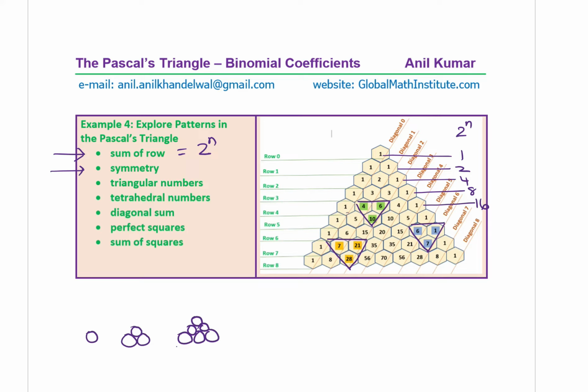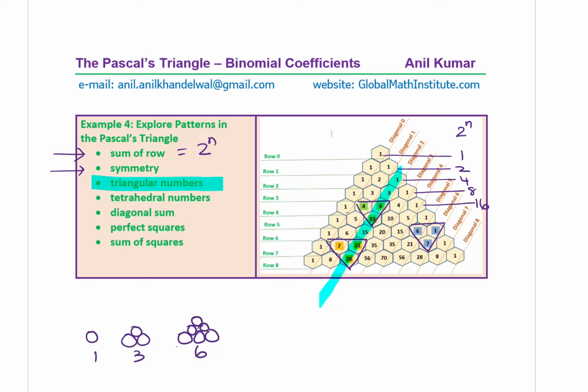And so what numbers do you get? 1, 3, and this is 6. You will notice all these triangular numbers are along one of the diagonals, which is the third diagonal, which we write as diagonal 2 for numbering the term numbers. So this is a very important diagonal which gives you the triangular numbers.